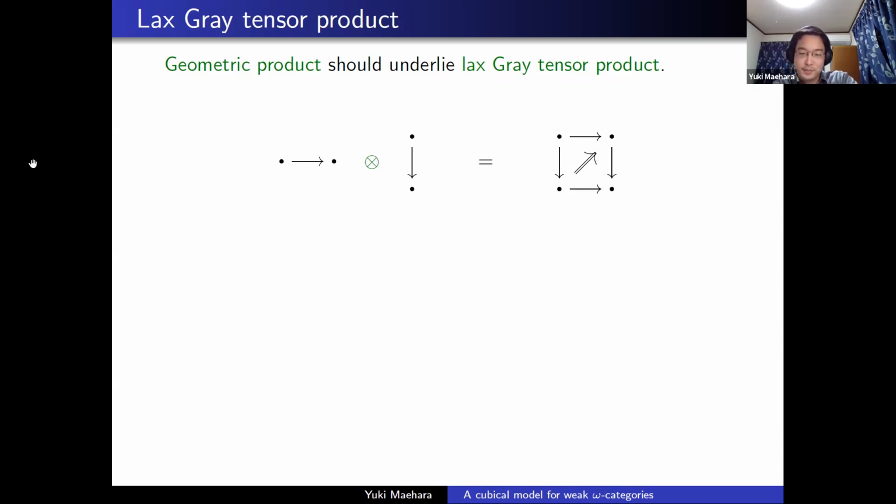So I was slightly misleading in saying that fillers for open boxes encode compositions. They somehow encode much more, including the coherence conditions. Does that answer the question?